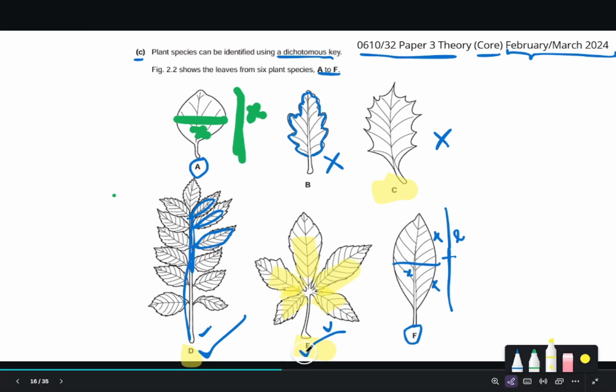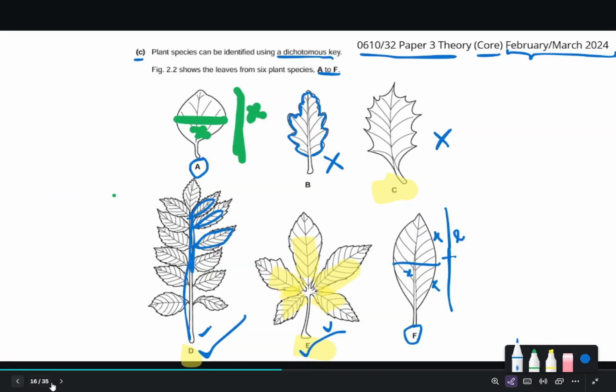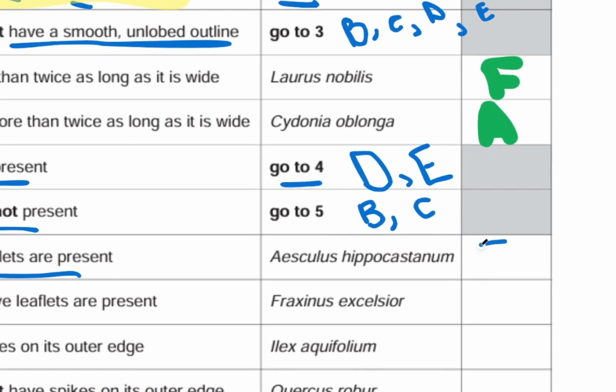So there you go. I have identified what E is, and similarly, if 5 leaflets are not present, then it is going to be D over here. All right, let me just write that down. So if 5 leaflets are present, then it is going to be E.